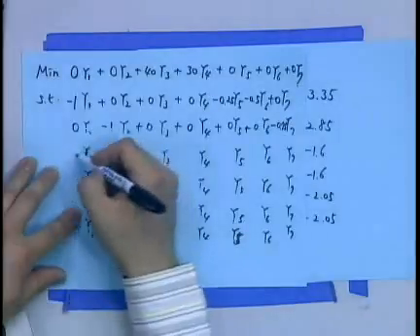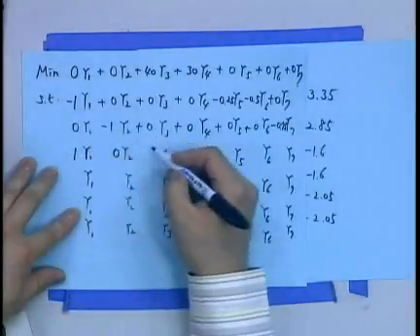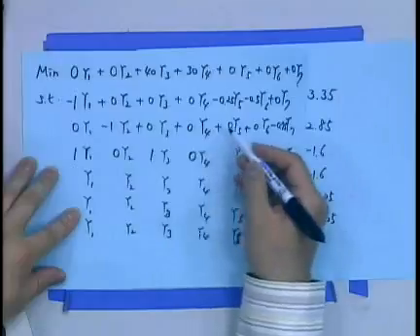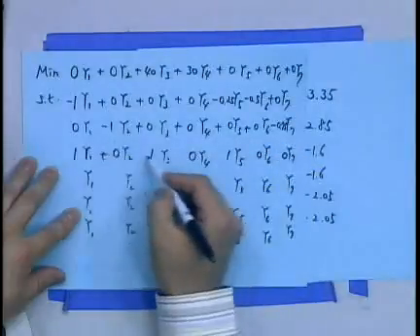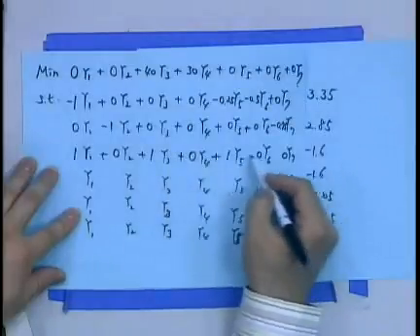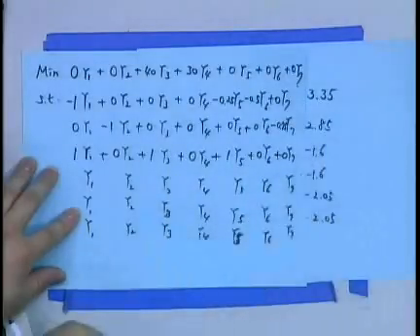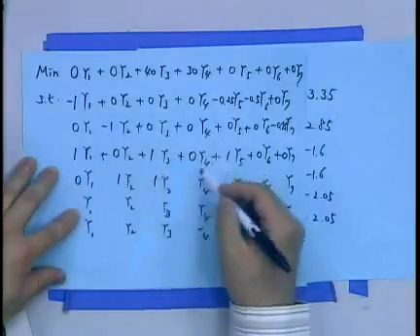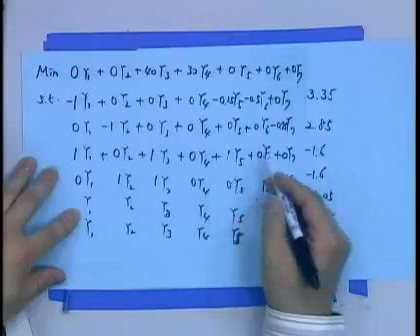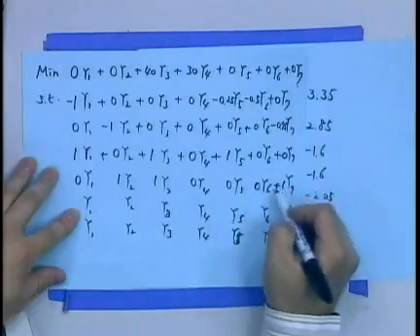Third constraint would be 1, 0, 1, 0, 1, 0, 0. And the fourth constraint would be 0, 1, 1, 0, 0, 0, 1. Okay?